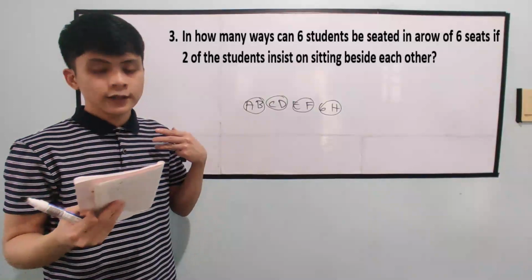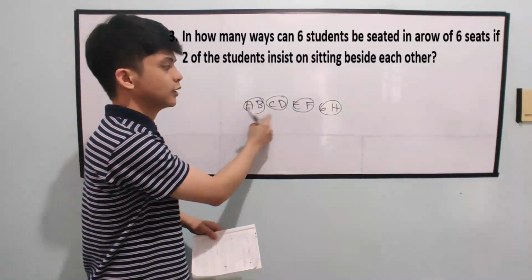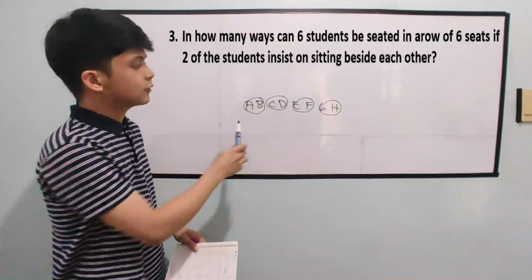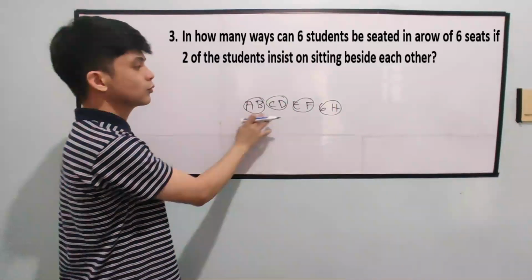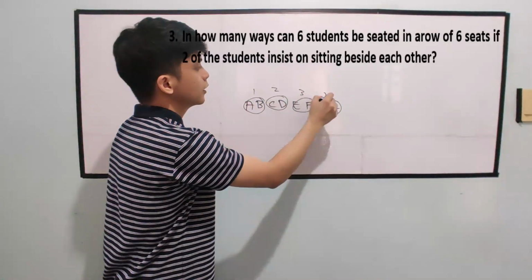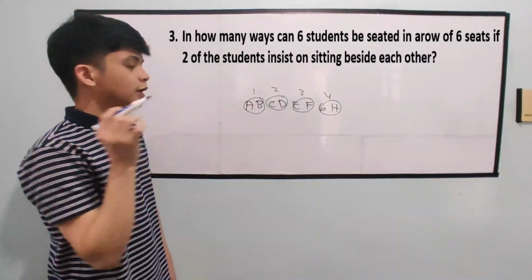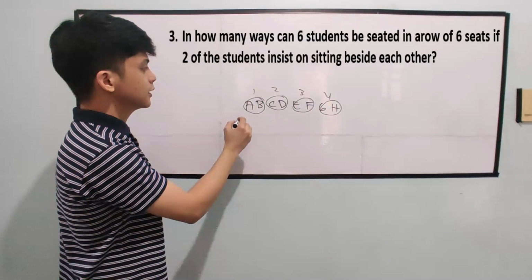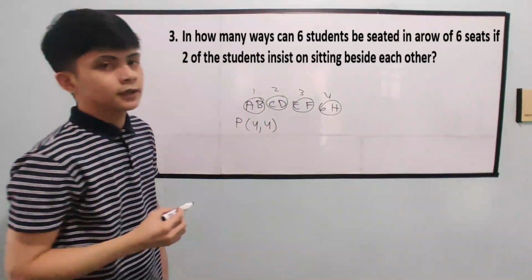Now, dapat pag i-arrange natin daw sila, yung condition niya is couples must stay together. So, instead of arranging 8 people, meron na lang tayong, kasi ginrupo natin itong mga couple natin, 1, 2, 3, 4 people na lang na i-arrange. So, now yung formula natin is permutation of 4 taken 4 na lang. Okay?